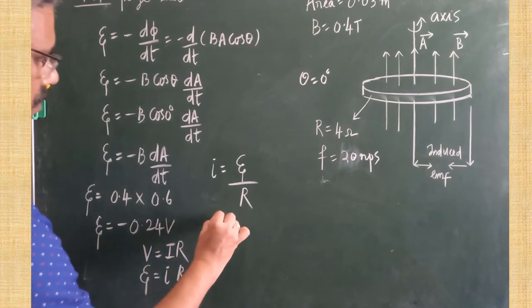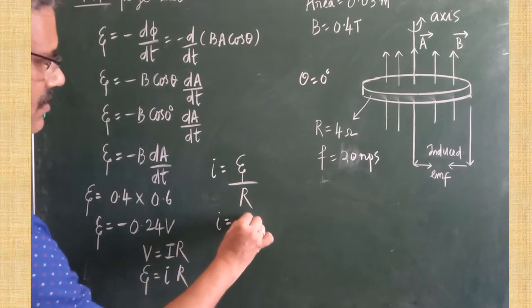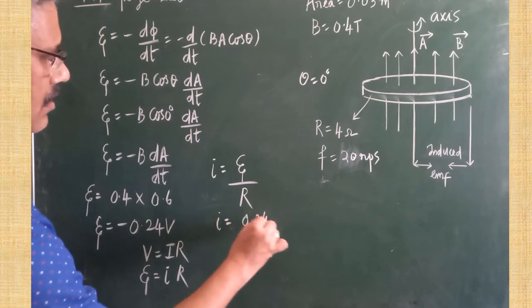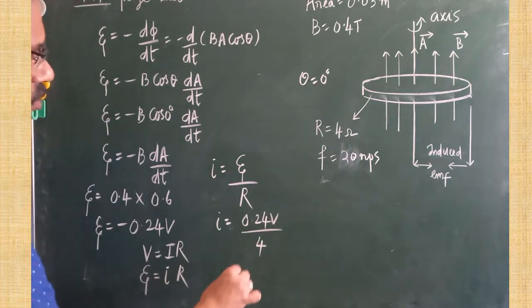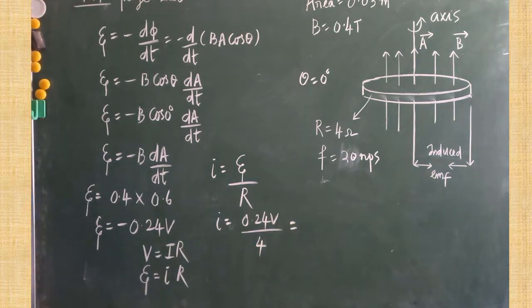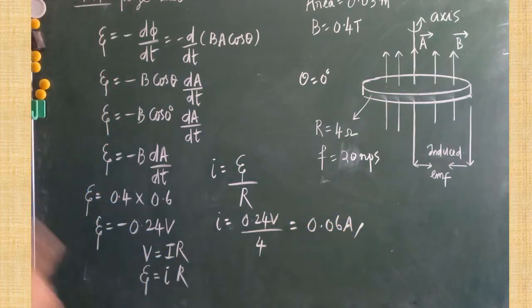The induced EMF value is already calculated, 0.24 volt. The resistance of the disc is given as 4 ohm. 0.24 divided by 4 is equal to 0.06 ampere. So this is the value of the induced current within the disc.